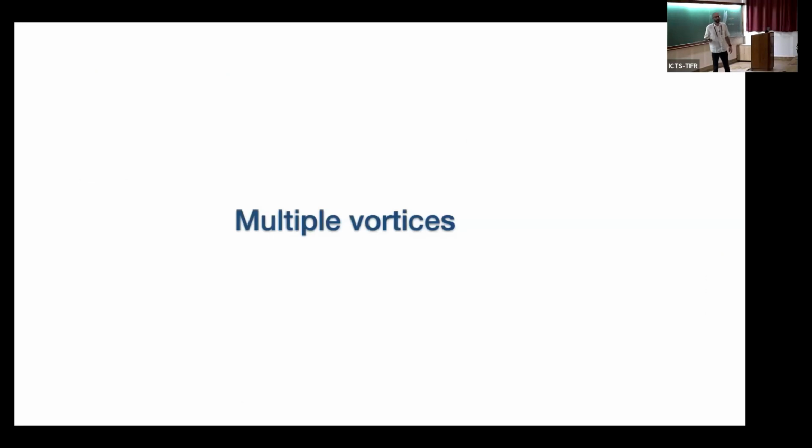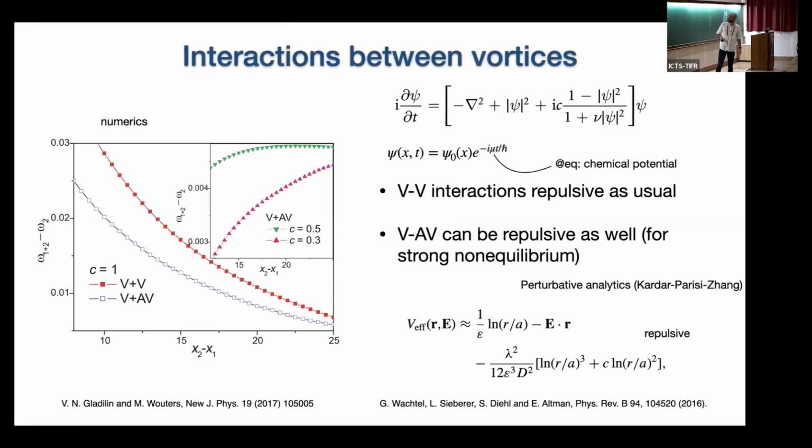I would rather move to the multiple vortices, which we already heard about yesterday: when you introduce the non-equilibrium, you can not only have repulsion between vortices of equal sign, but also repulsion between vortices of different sign.